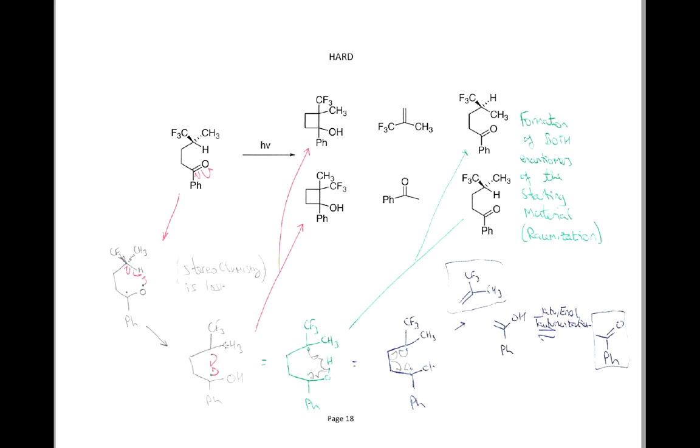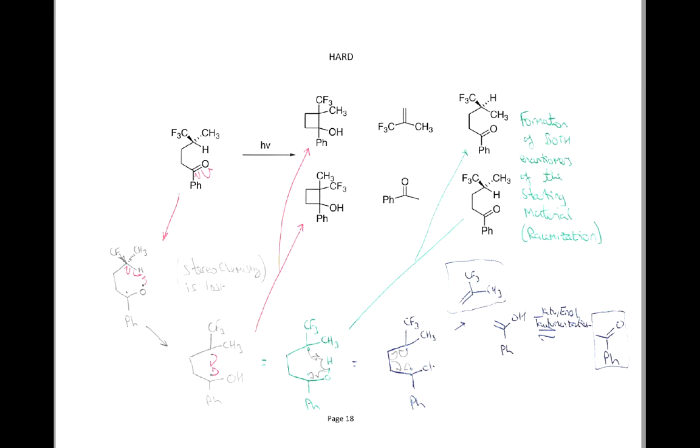So this intermediate is the same as this one. We can then see the relationship between this intermediate and these two products. What we see is that these are enantiomers differing at the stereochemistry at this position. One is just the start material back, the other is the enantiomer.